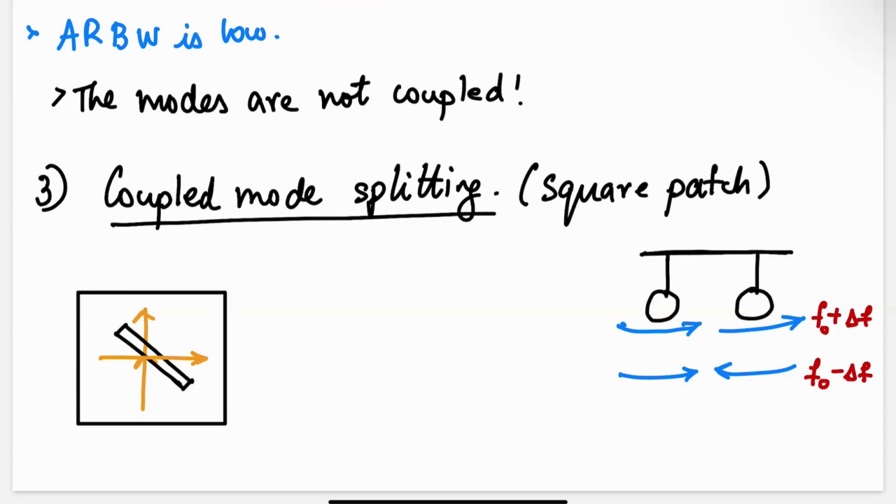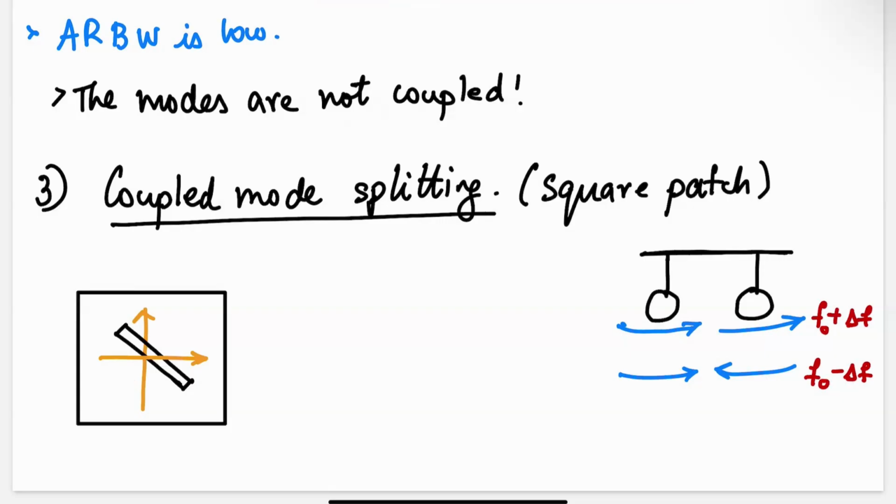The reason is that you can show mathematically that a coupled mode system has two independent solutions, and the differential equation gives you two solutions which have this mode splitting behavior. But we're not going to do that here. We'll just use our intuition to think about how to design this.